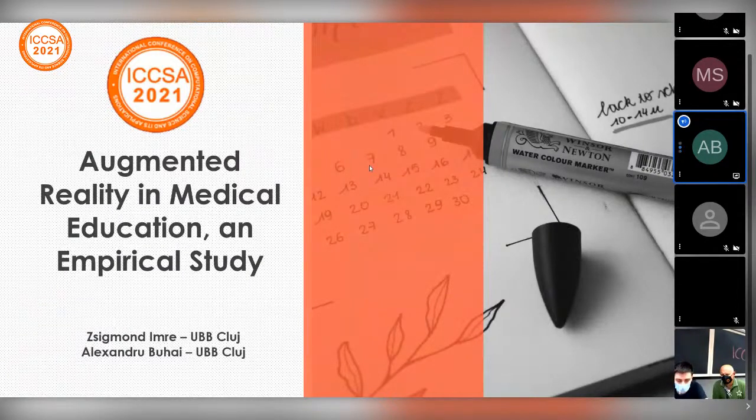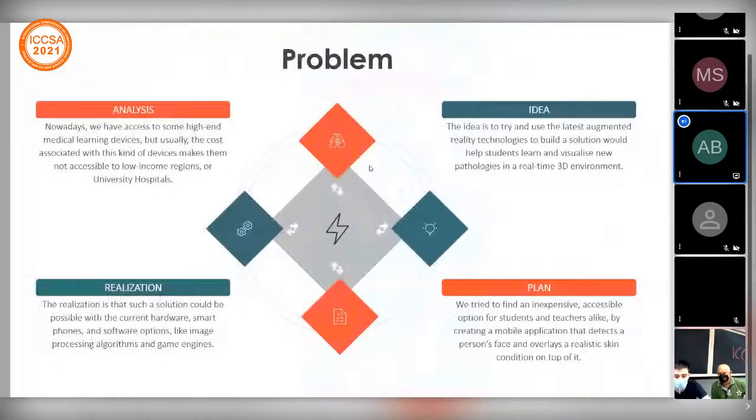I'm going to present today Augmented Reality in Medical Education, an empirical study. What's the problem? Why did we choose to do this? Nowadays we have access to high-end medical learning devices, but as we live in a third world country, the cost associated with these devices is really high, and it's not accessible to university hospitals.